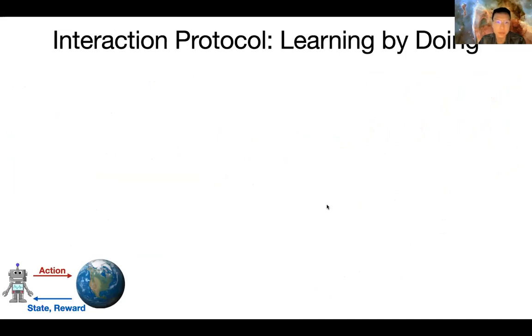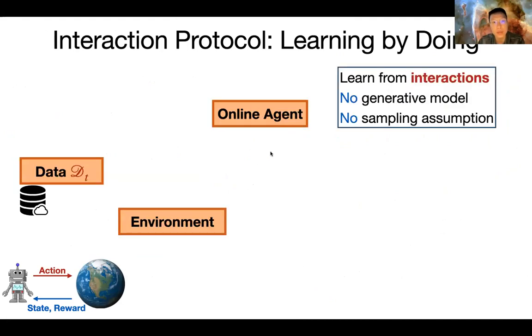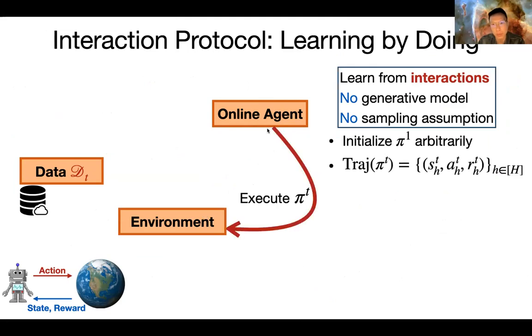And so now I would like to introduce our algorithm. We recall that we consider this online setting. So the interaction protocol is as follows. The online agent interacts with the environment by executing the policy.